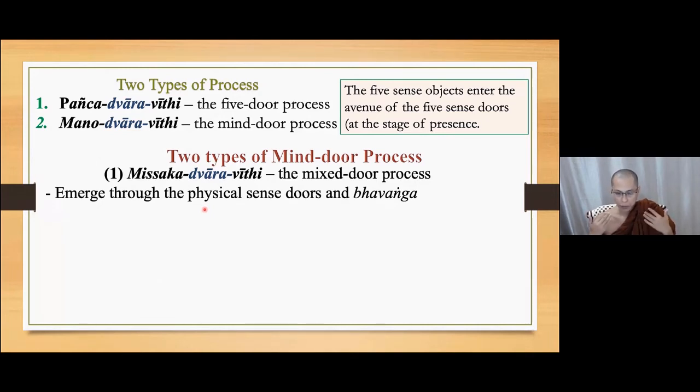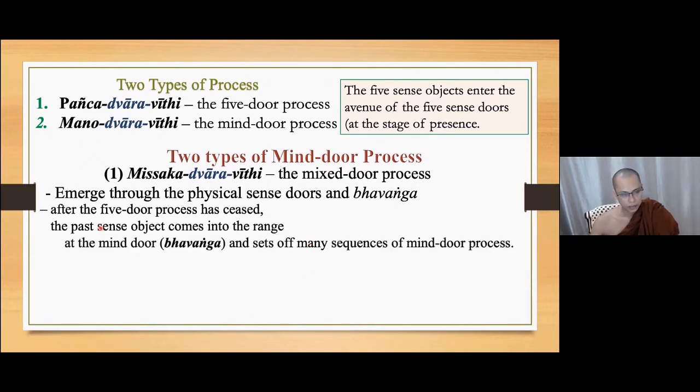For example, when we see at the eye door, then it continues to the mind door. So the door changes. So in the Misaka Vithi, Misaka Dvara Vithi, the mixed-door process, the object emerges through two types of doors: any of the physical sense doors, and bhavanga, which is regarded as the mind door. This is regarded as the Misaka Dvara Vithi.